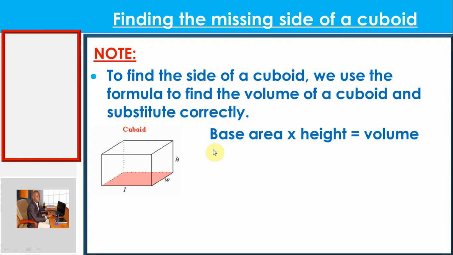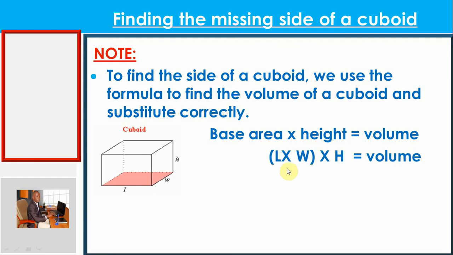Base area, like this shaded part, has length and width. So the base area becomes length times width. That gives us the base area. Then after getting the base area, we multiply by the height. That will give us the volume.